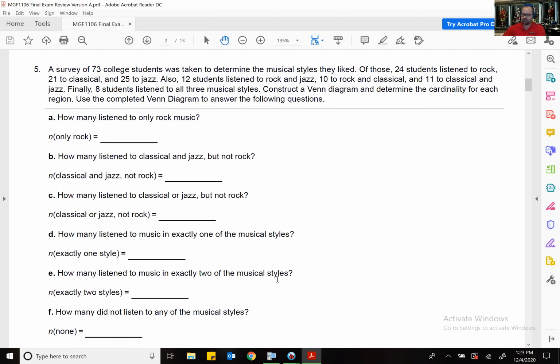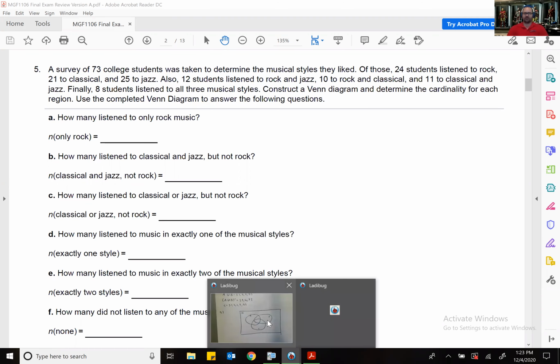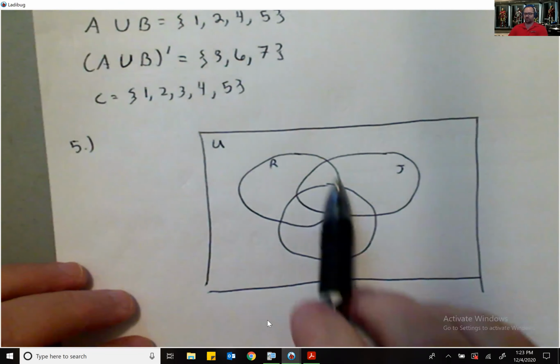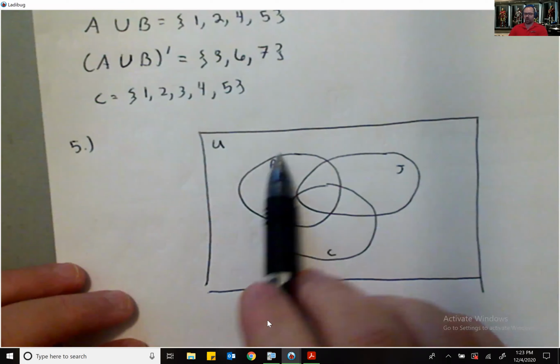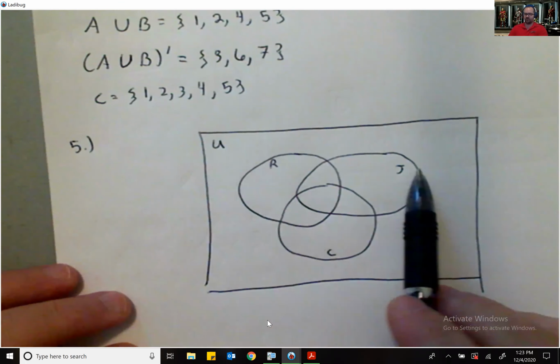Rock, jazz, classical, universe. Just like before, I made my 2 circles and I went to the middle and drew a circle down. This one's going to be my rock, this one my jazz, and this one my classical.